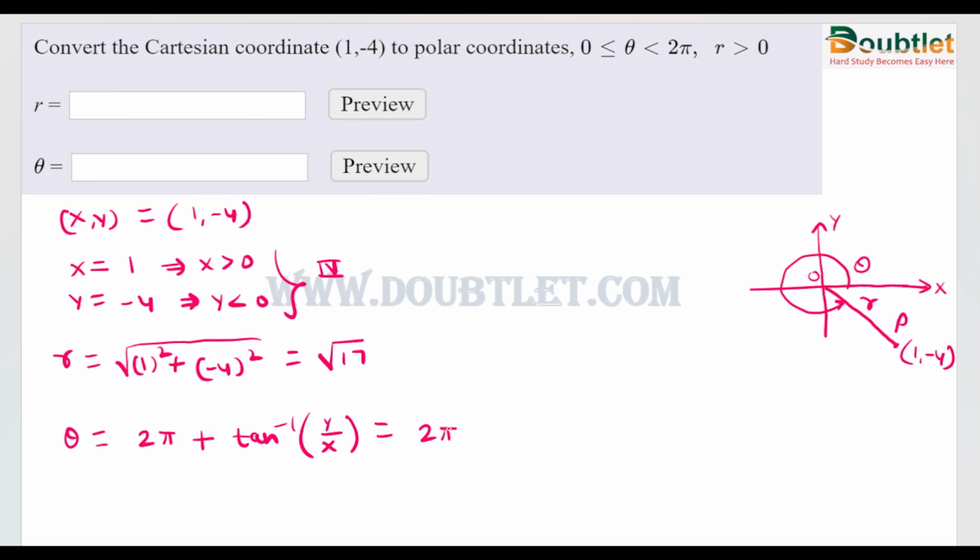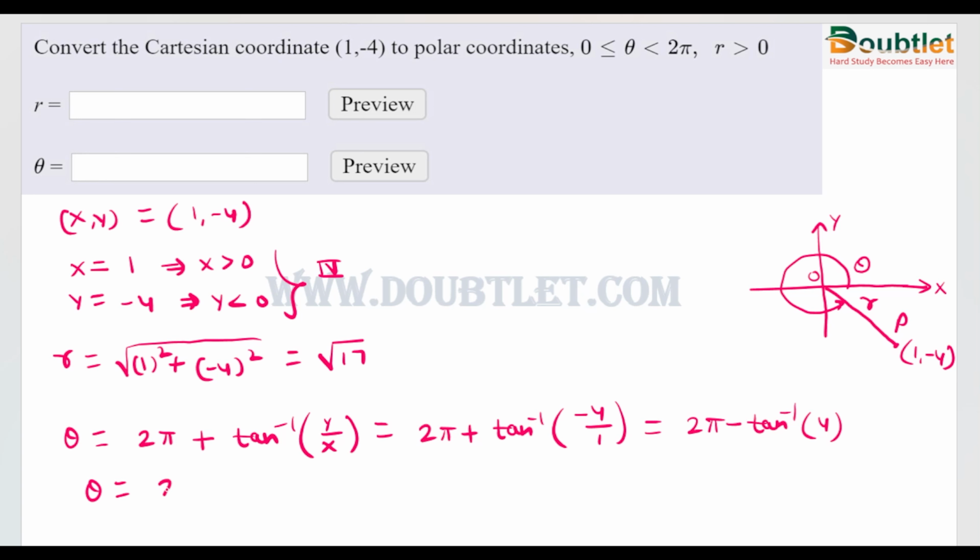So we can write this as 2 pi plus tan inverse of y value, which is minus 4, and x value, which is 1. So this minus will be thrown outside, and we can write this as 2 pi minus tan inverse of 4. We can calculate tan inverse 4 using a calculator.